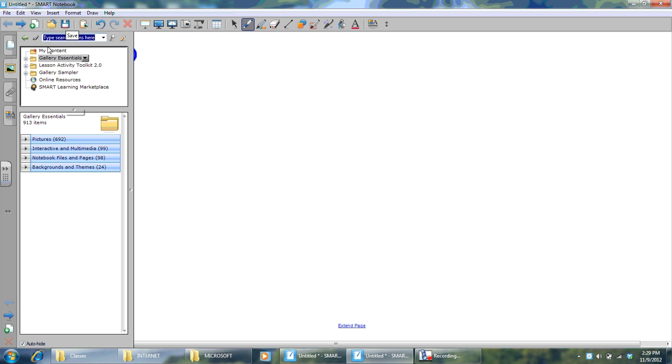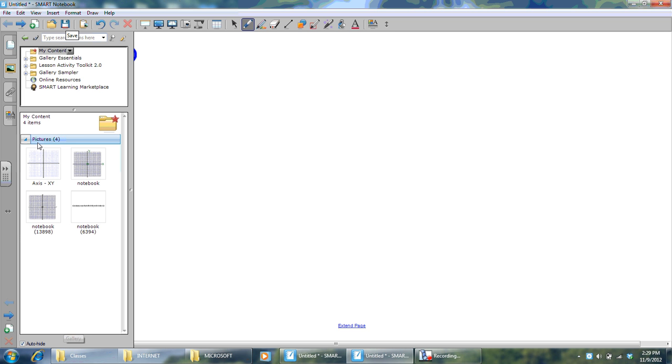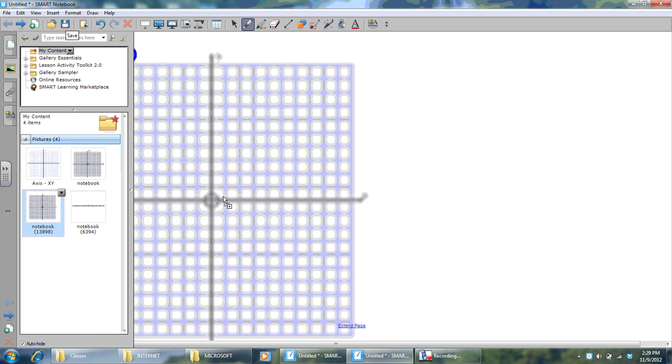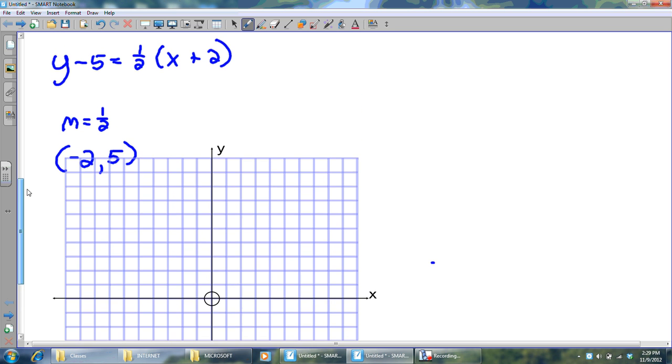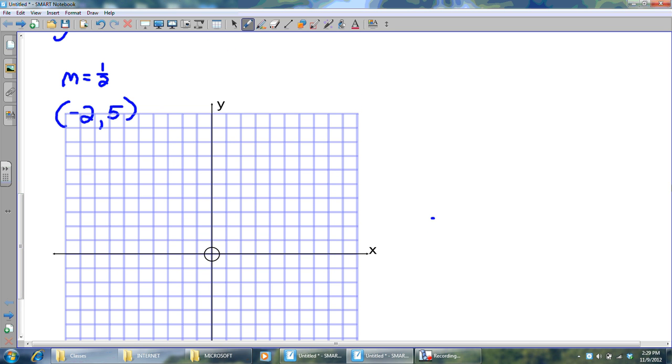So I can get out my little graph here. And I know that the line is going to go through the point negative 2, positive 5. 1, 2, 3, 4. Yeah, right there. That is 1 point on the graph.